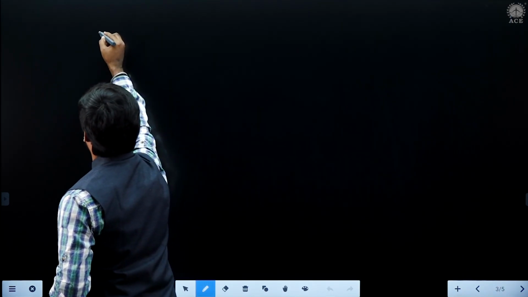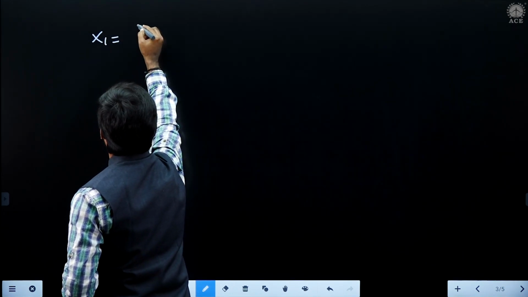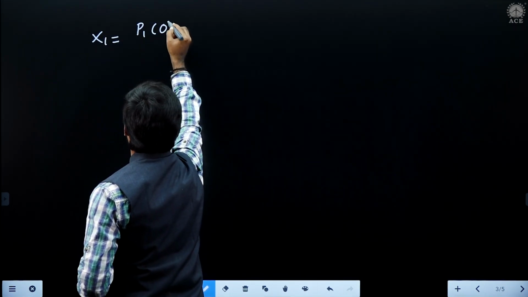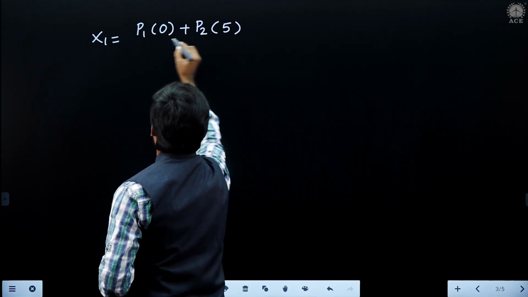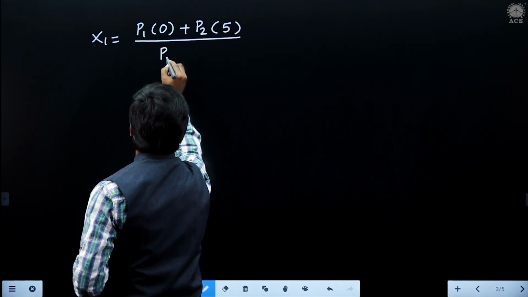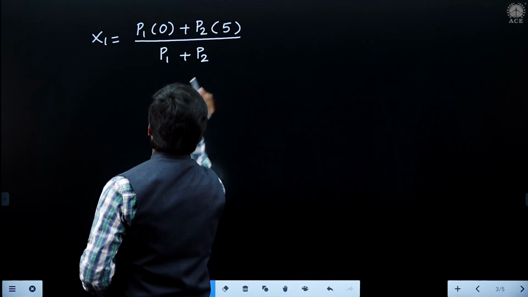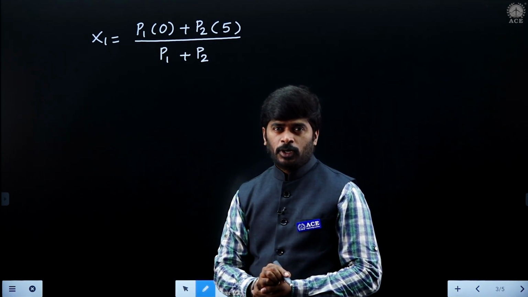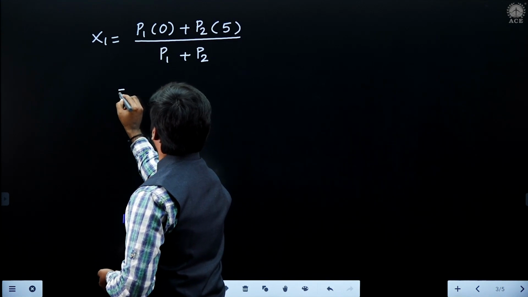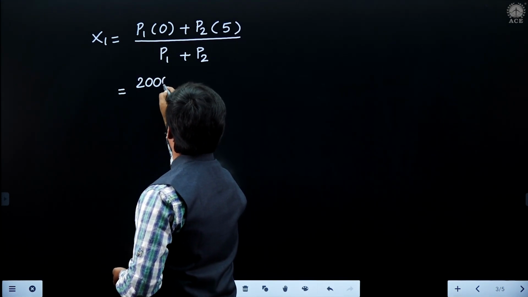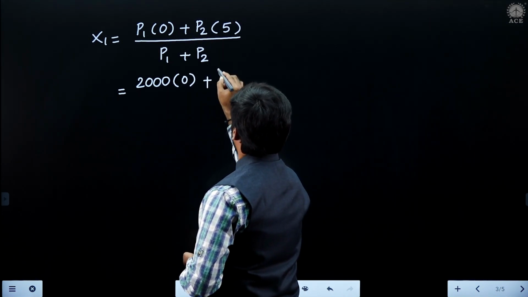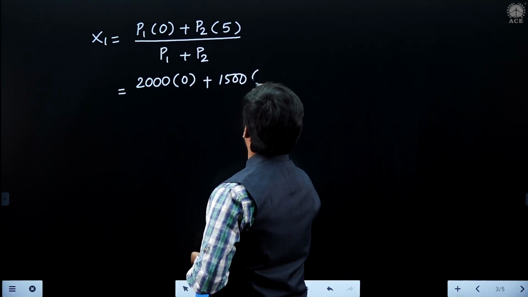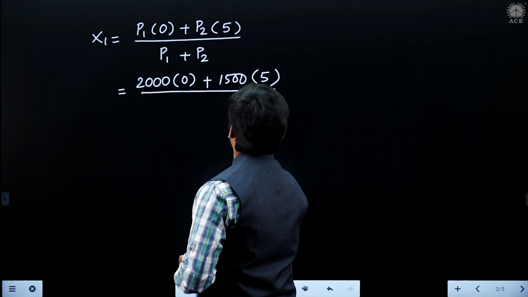Go to first principle, that is x1 equal to, my dear, P1 into 0 plus P2 into 5 upon P1 plus P2, where P1 is 2000 into 0 plus P2 is 1500 into 5 upon P1 plus P2.